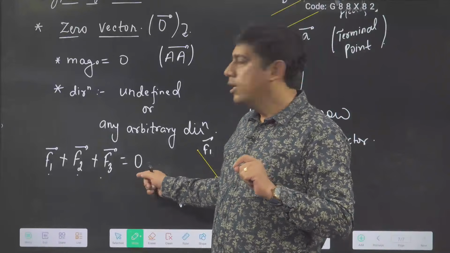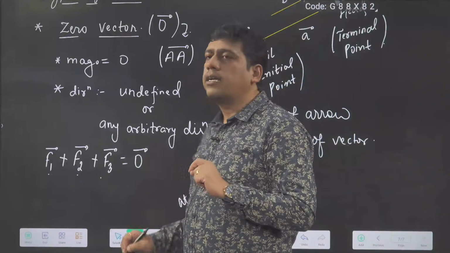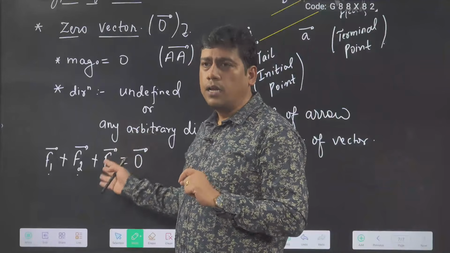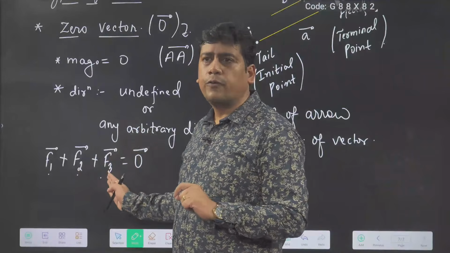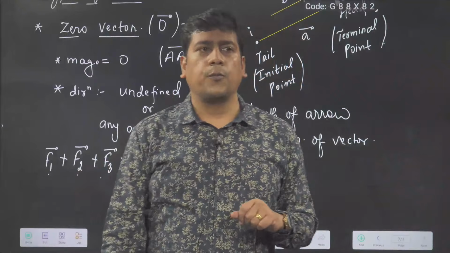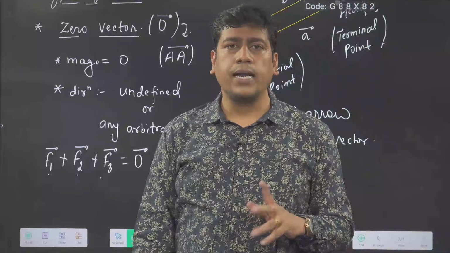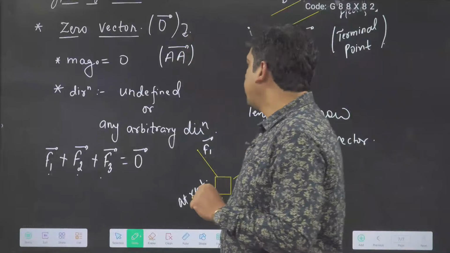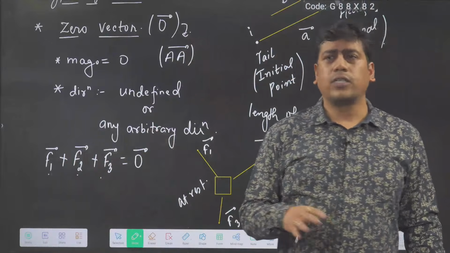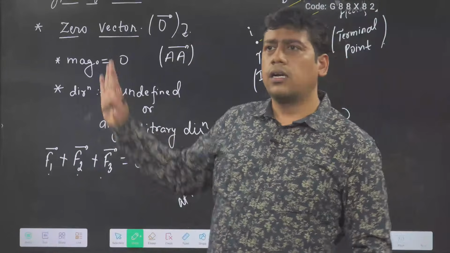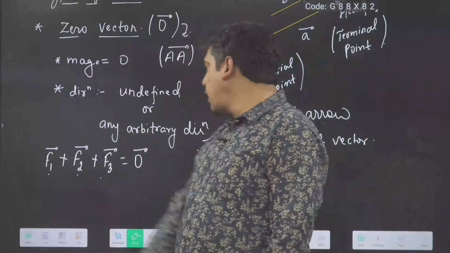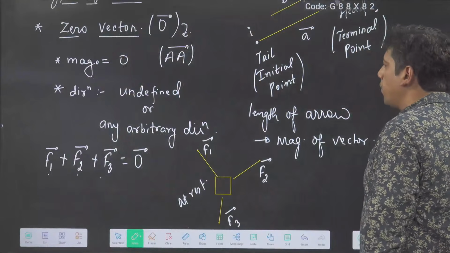So instead of writing 0, you should write zero vector, though generally we don't write it while solving numericals. But this is how we should write: F1 vector plus F2 vector plus F3 vector equals 0 vector. That means the addition of vectors is still a vector. So just remember, not that important a term, this is the zero vector: magnitude is 0 and direction is undefined or any arbitrary direction.